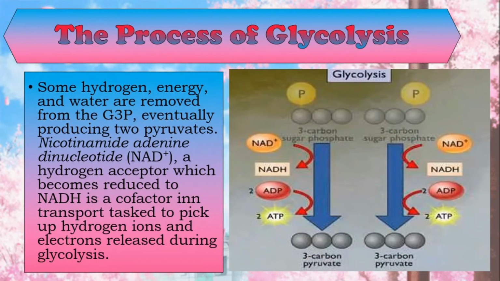During glycolysis, some hydrogen, energy, and water are removed from the G3P, eventually producing two pyruvates. Nicotinamide adenine dinucleotide, a hydrogen acceptor which becomes reduced to NADH, is a cofactor in transport task to pick up hydrogen ions and electrons released during glycolysis.